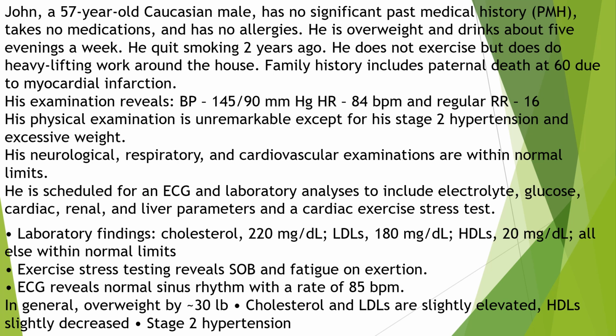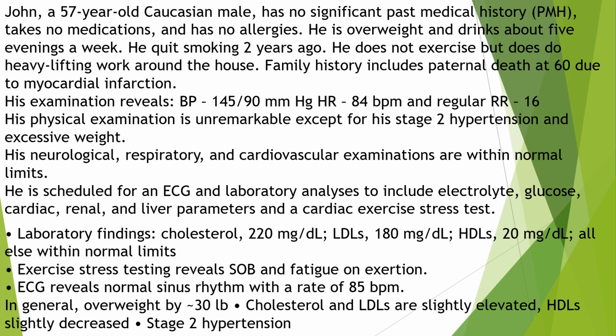Family history includes paternal death at 60 due to MI. His examination reveals BP 145/90 mmHg, heart rate 84 beats per minute, regular, respiration 16. His physical examination is unremarkable except for his stage 2 hypertension and excessive weight.